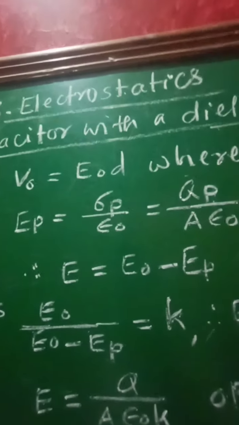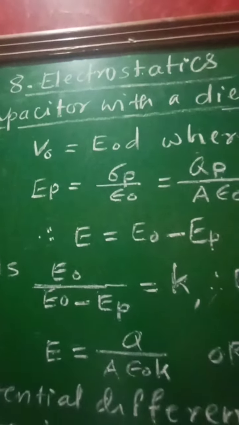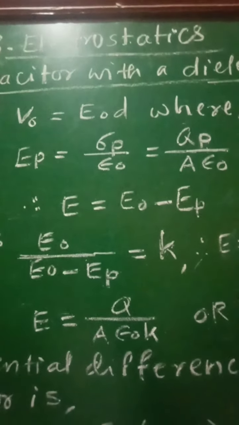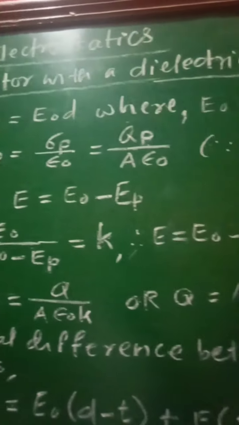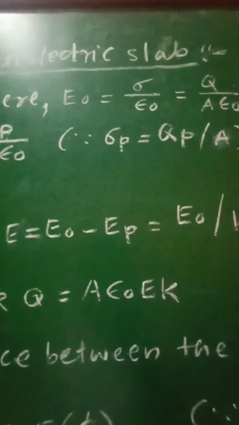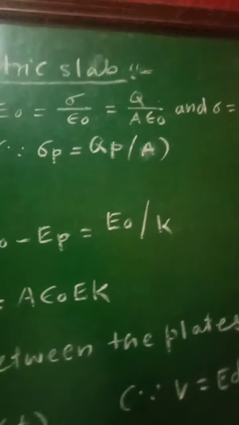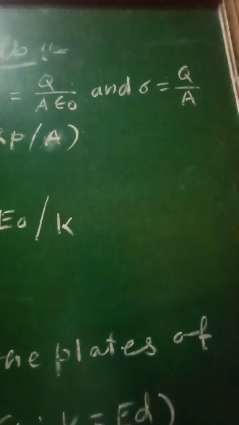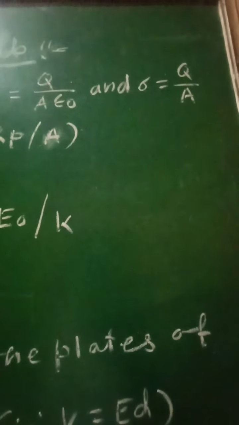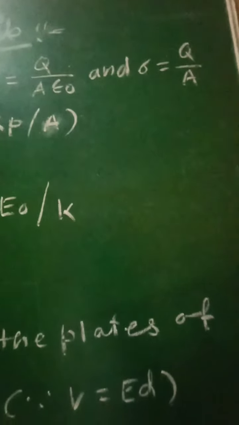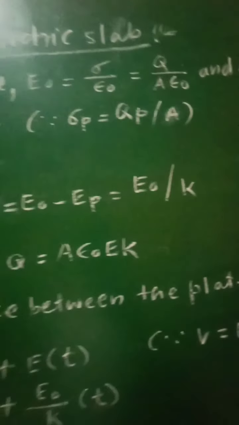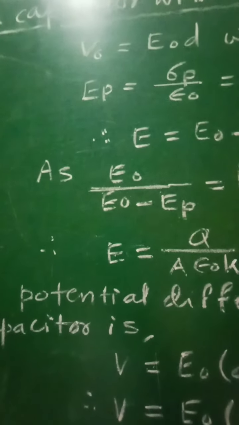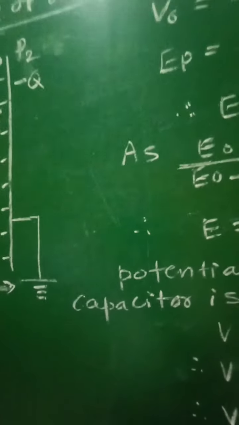So V0 is the potential difference between the two plates when no dielectric is introduced, and therefore V0 equals E0d, where E0 equals sigma upon epsilon 0 equals Q upon A epsilon 0, and sigma, that is surface charge density, equals Q by A, where A is the area of each plate of that capacitor, that is P1 and P2.